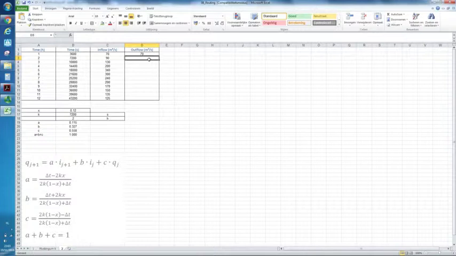It's of course a flood wave, so it's not really base flow, but you could see it in the same way. So to calculate Qj plus 1, so Q2 in this case, so j is equal to 1, we will take A multiplied with Ij plus 1, I2 in this case, plus B multiplied with Ij, so I1, plus C multiplied with Qj, so Q1.